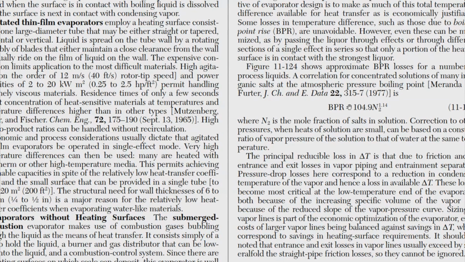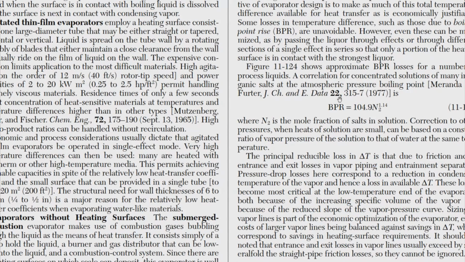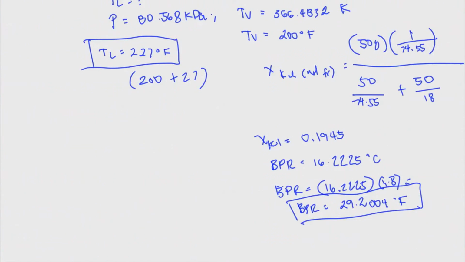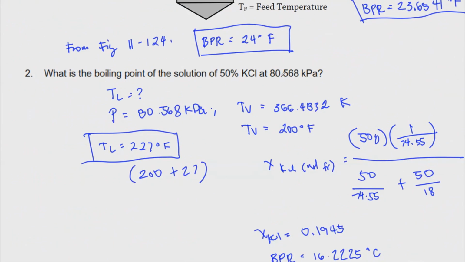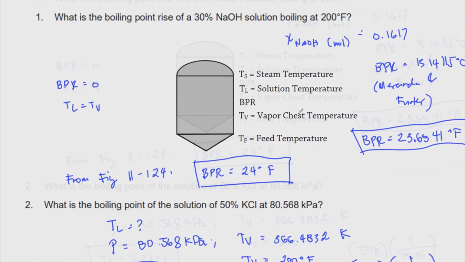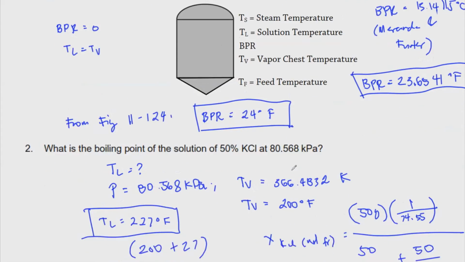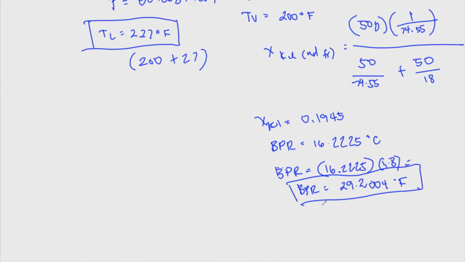As you can see, it's quite accurate for concentrated solutions of inorganic salts at atmospheric boiling point. But of course, when the condition is not really that close to the atmospheric boiling point, then it would deviate. Actually, you can look here. The pressure is 80.568, and that's very close to atmospheric pressure, so you would expect your answer to be quite close with this BPR.